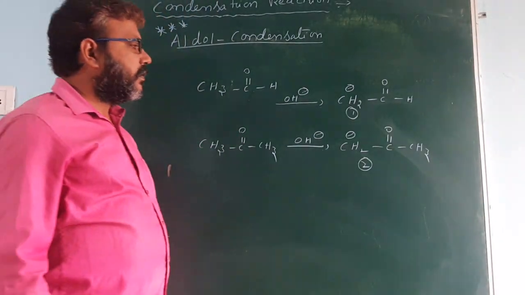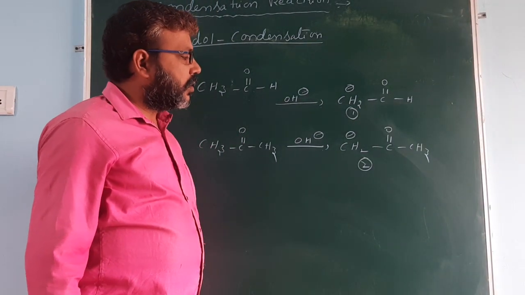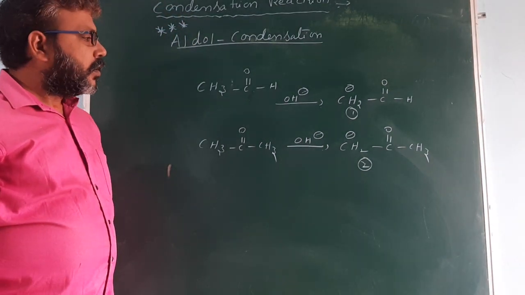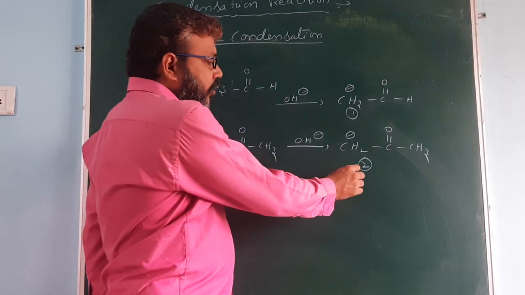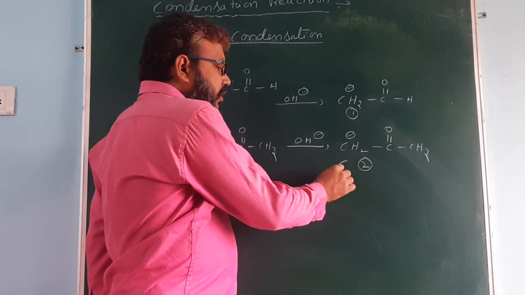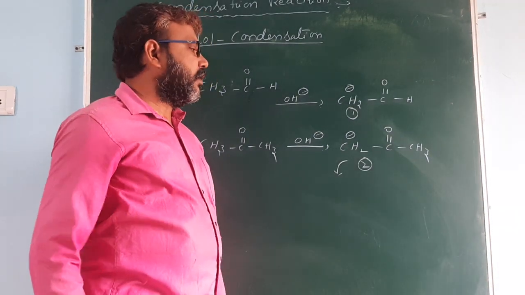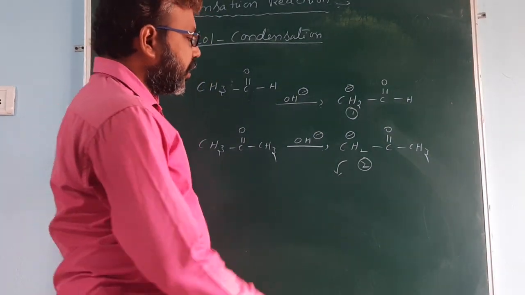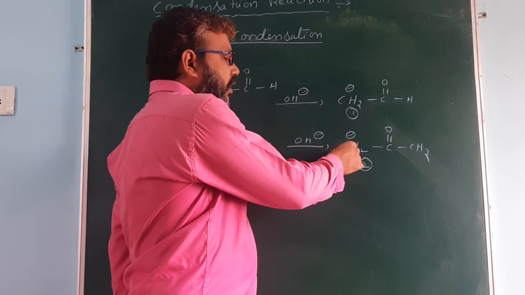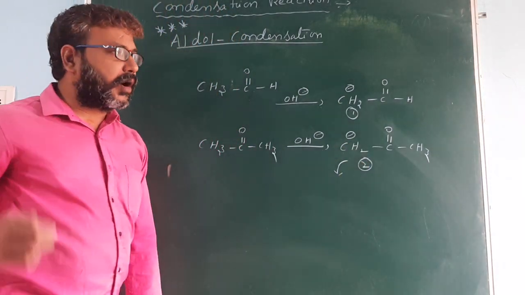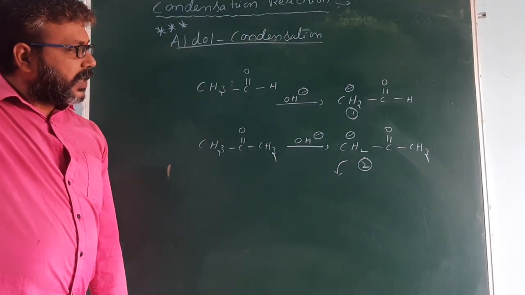Anion stability: the first one is more stable than the second one. The ketone is a strong base or a strong nucleophile, so that's why ketone is always a source of carbanion.